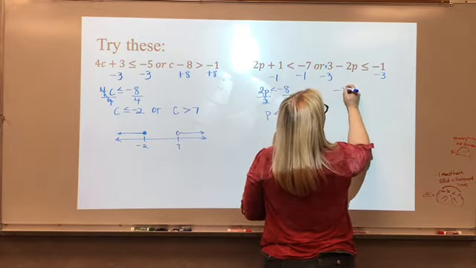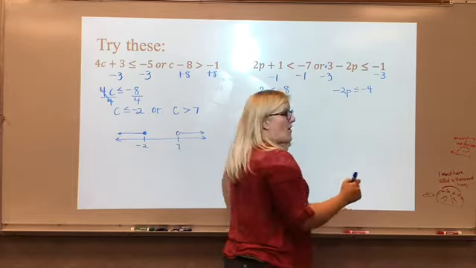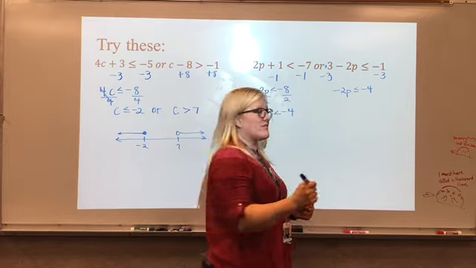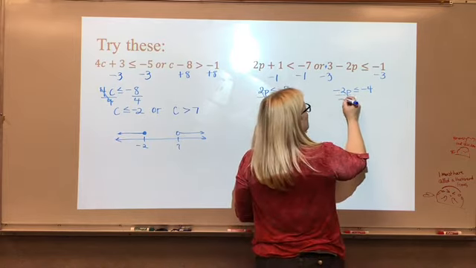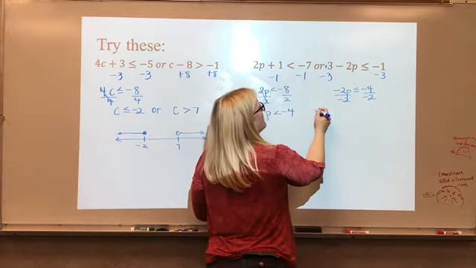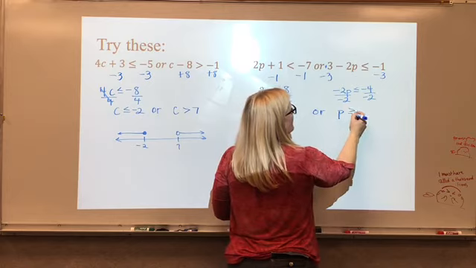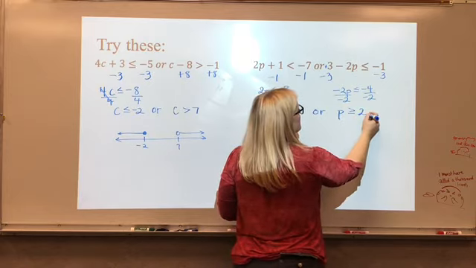I have negative 2p is less than or equal to negative 4. Now I am dividing by a negative. So I have divided by negative 2. So we have an or, p, flip the sign, greater than or equal to 2.